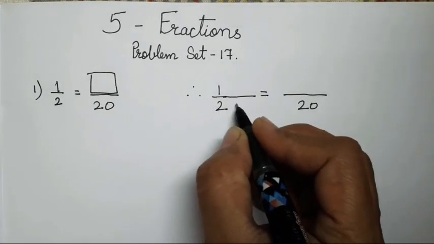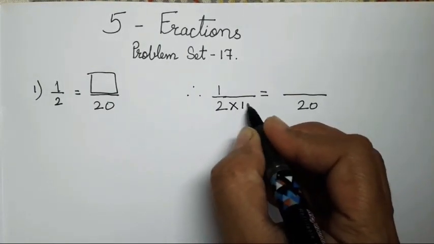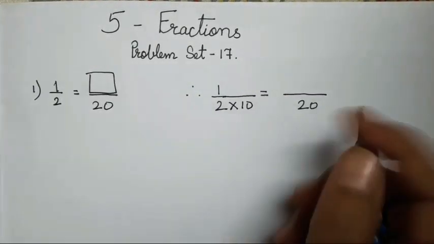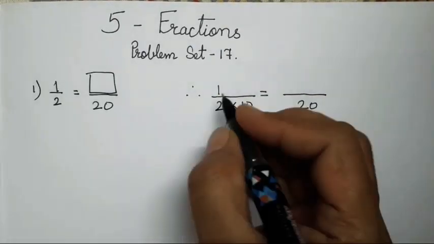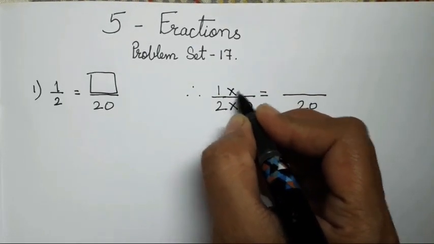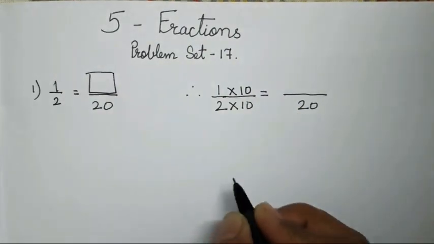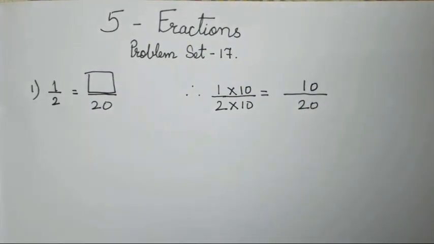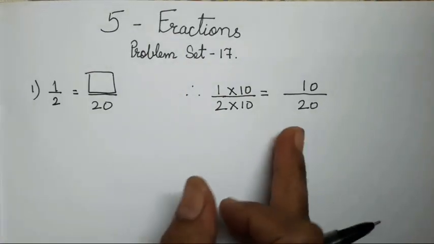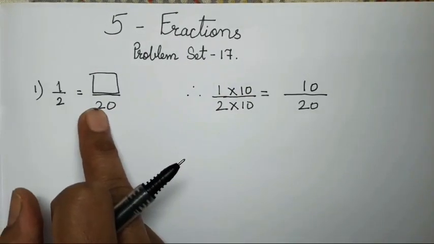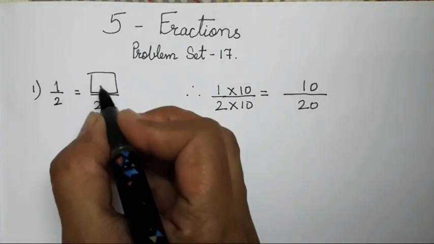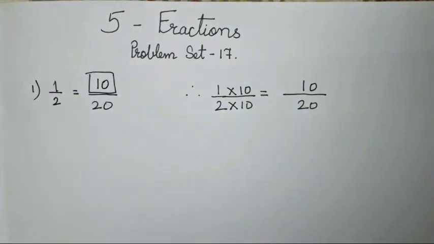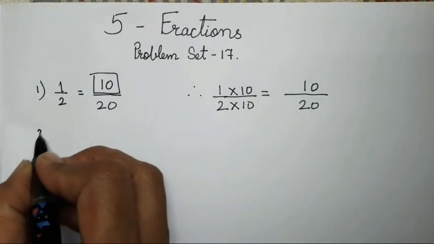Okay, 2, if we multiply it with 10, you are going to get 20. That means we have to multiply 10 over here also. So 1 tens are 10. Got it? So 20 we have already got. So what is going to be the answer above here? It is going to be 10. Isn't it easy?